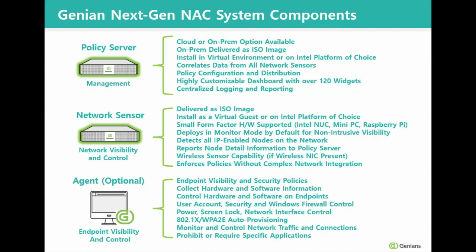It deploys in monitor mode by default for non-intrusive visibility. It detects all IP-enabled nodes on the network. It then reports node detail information to the policy server. It provides wireless sensor capability if a wireless NIC is present on the platform. And it also enforces policies without complex network integration.